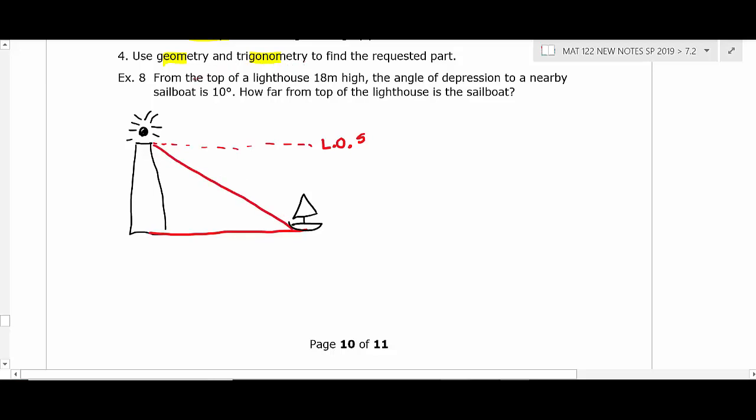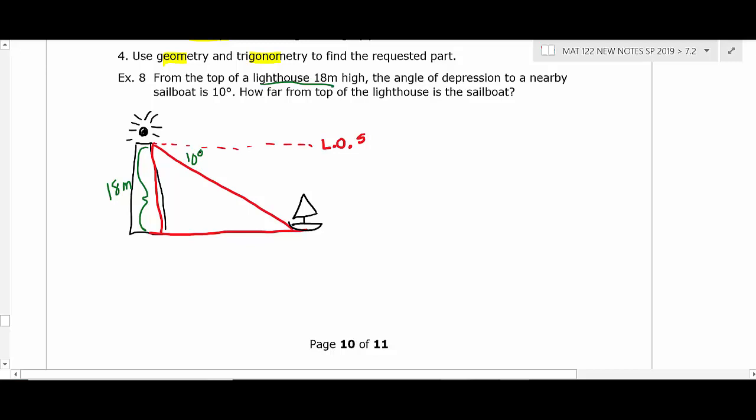The key thing it says in this problem is the top of the lighthouse is 18 meters high. So you're going to have a right triangle right here, and you're going to have these pieces. This piece right here is going to be the 18 meters. And then the angle of depression, that's what sometimes students don't do right. That's the angle of depression.